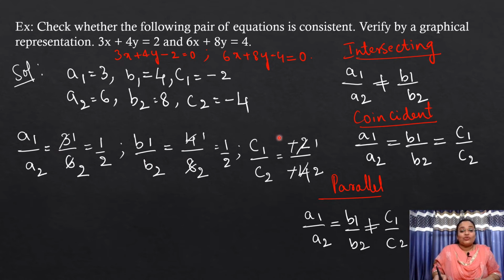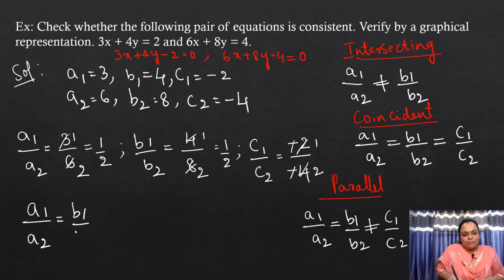All the three ratios are equal. That is, A1 by A2 is 1 by 2, B1 by B2 is 1 by 2 and C1 by C2 is also 1 by 2. So if all the three ratios are equal, then it is coincident lines, right? So therefore we can say A1 by A2 is equal to B1 by B2 is equal to C1 by C2.